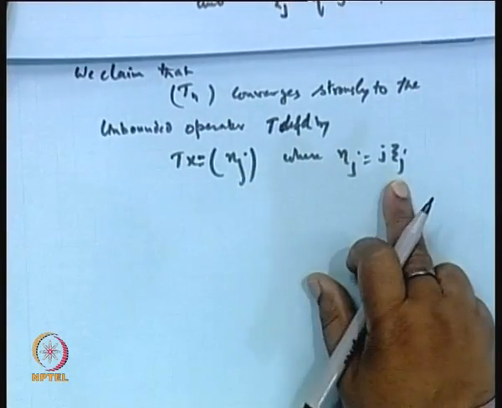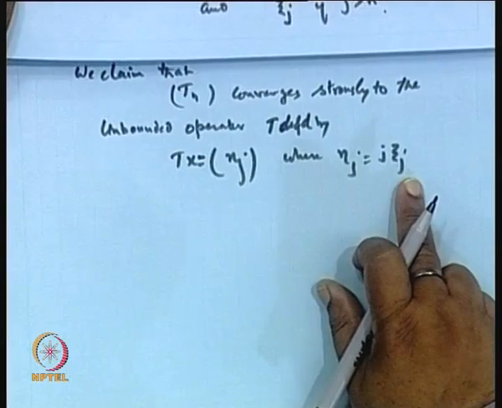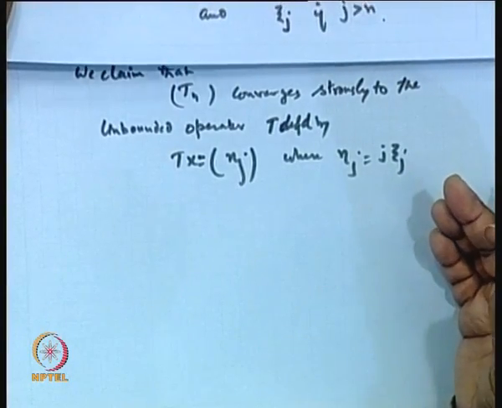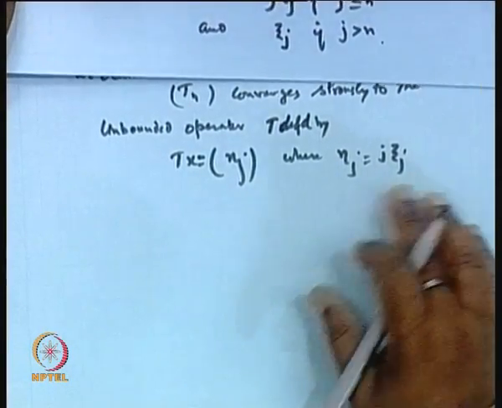Now, this is unbounded because the supremum of this is unbounded. So it is a linear operator, but unbounded.